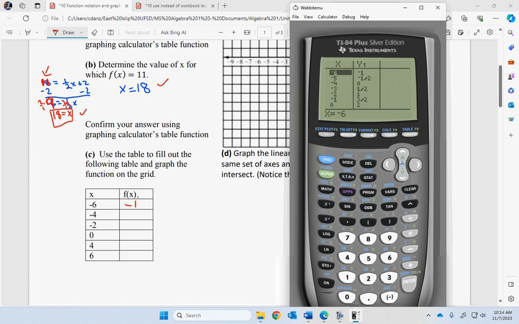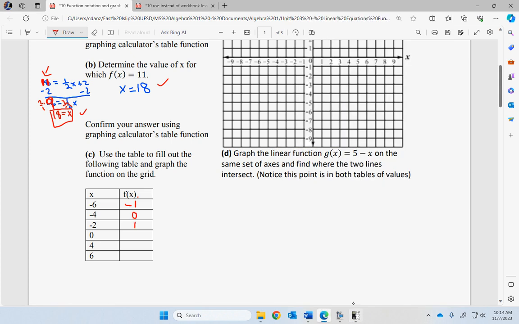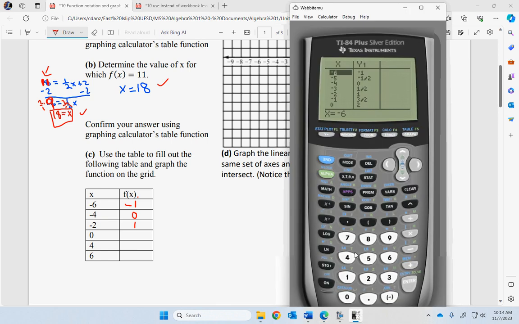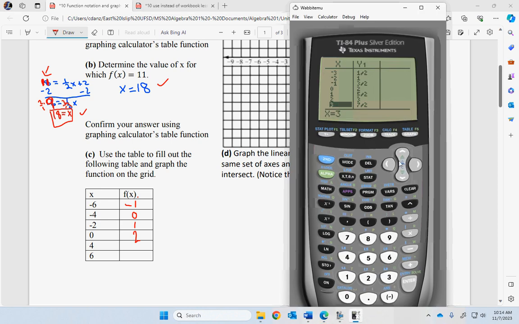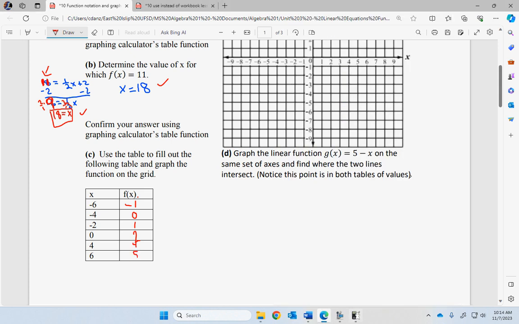When x is -2, it's a 1. When x is 0, it's a 2. When x is 4, it's 4. And when x is 6, it's 5. And now we can plot these points.